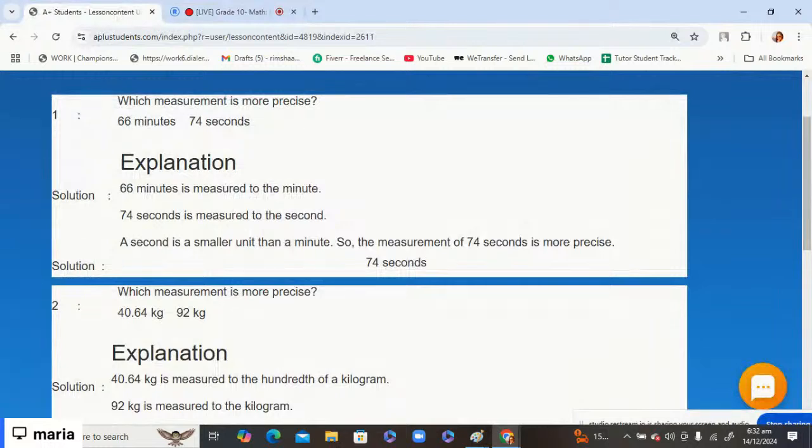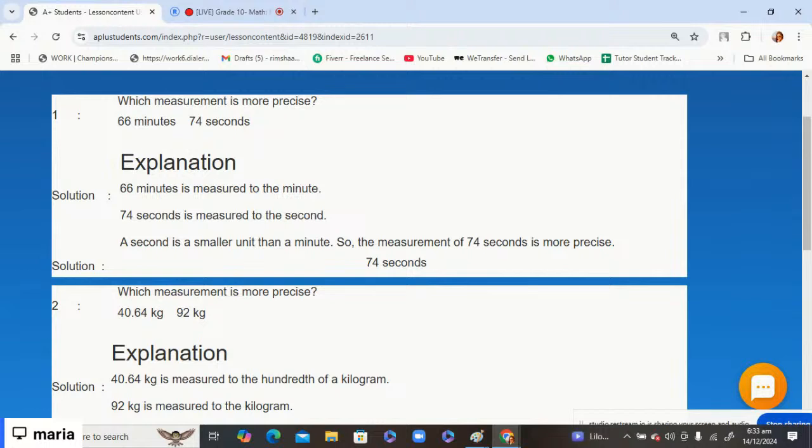So, which measurement is more precise, 66 minutes or 74 seconds? Look, 66 minutes is measured to the minute, as we know, okay? It's measured in the form of minutes. Seconds is measured in the form of seconds. Second is smaller as compared to the minutes. So, the smaller unit is basically more precise as compared to the bigger one. Am I right?